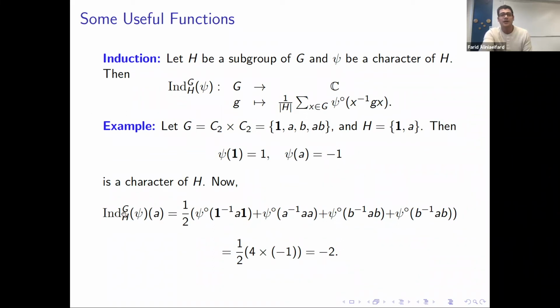This is a character of H, and then I can induce this one to a character of G the way that we explained. Since I have an abelian group, they all map to psi of A, which is -1. So I have 1/2 times 4 times -1, which is equal to -2.